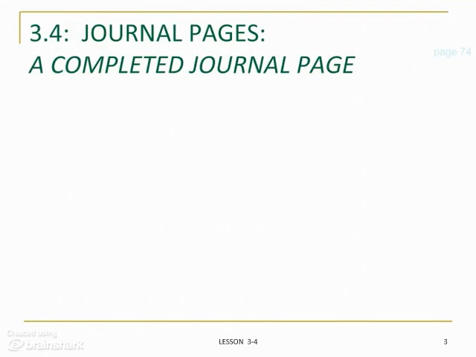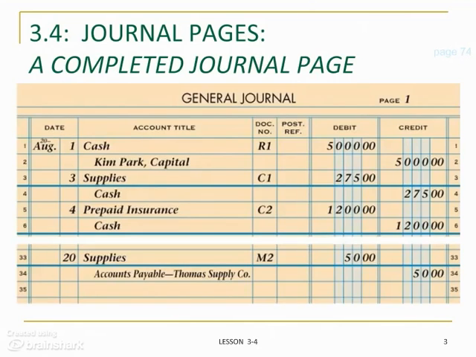First, when we've completed a journal page, things to keep in mind. When we get to the end of a journal page, we do not split a transaction up. We do not leave one line of the transaction on the bottom of one page and enter another part of the transaction on the top of the next page.